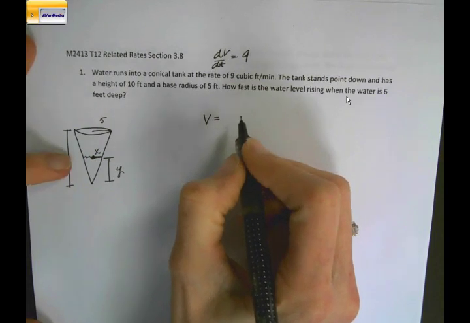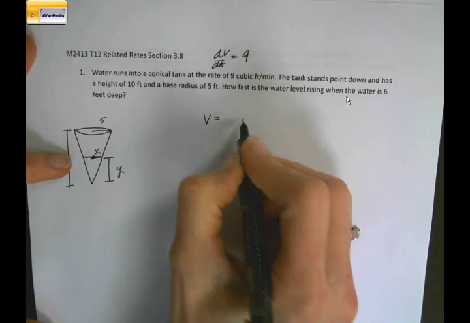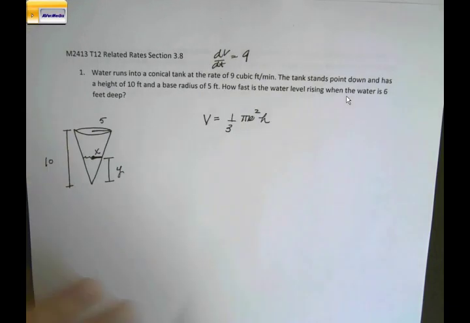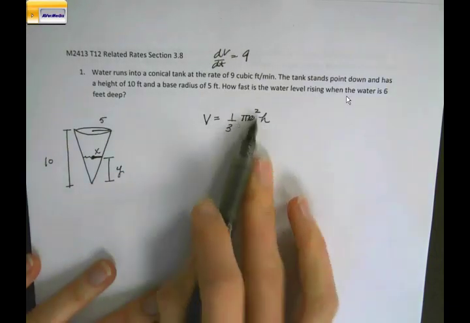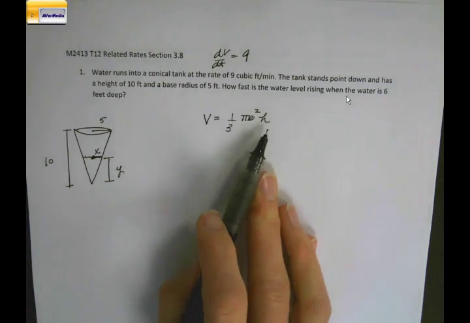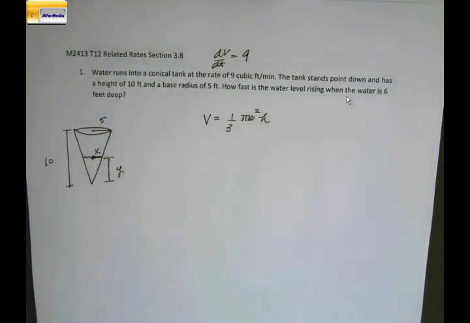Okay, so it's 1/3 the volume of a cylinder, and a cylinder is pi r squared h. The pi r squared is the area of a circle, which would be the top of the cylinder, and the height is the height of the cylinder, and it's 1/3 of it. So it's 1/3 pi r squared h.